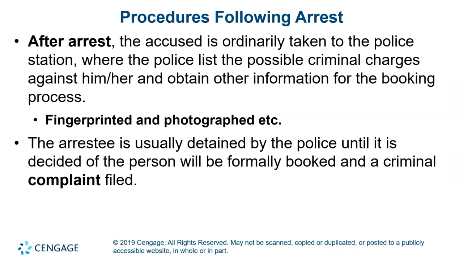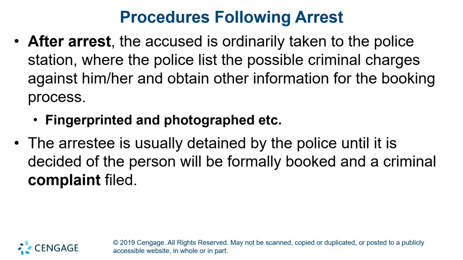So what happens after the arrest? Well, after arrest, the accused individual is ordinarily taken to a police station where the police list the possible criminal charges against him or her and then obtain other information for the booking process. This may include recording a description of the suspect and the circumstances of the offense.